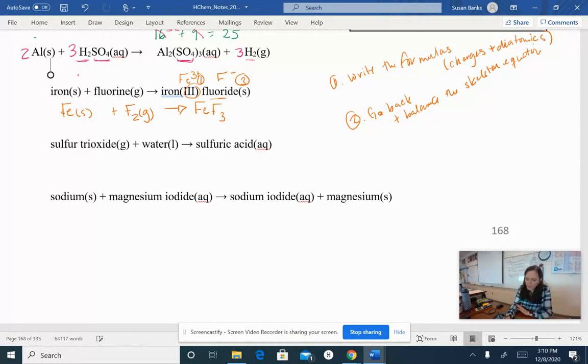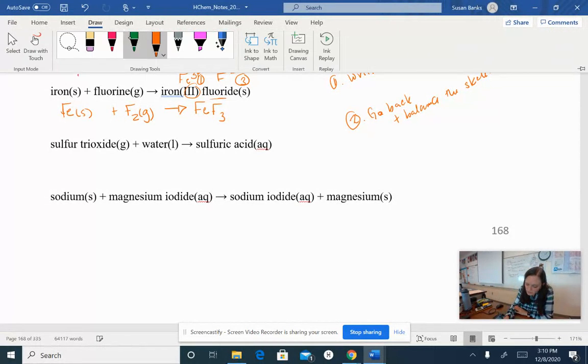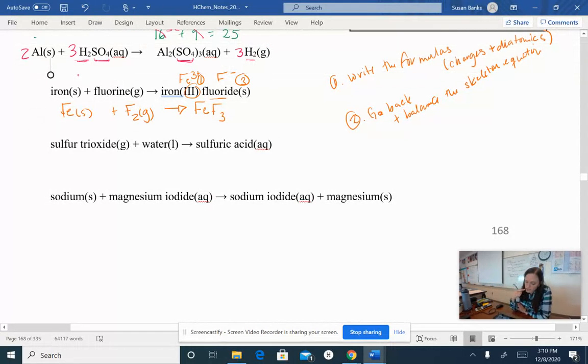Okay, so we're going to go back and now balance this skeleton equation. I've got 1 iron, 1 iron. I've got 2 fluorines and I've got 3 fluorines. So what's the least common multiple between 2 and 3? Did you say 6? Yeah.